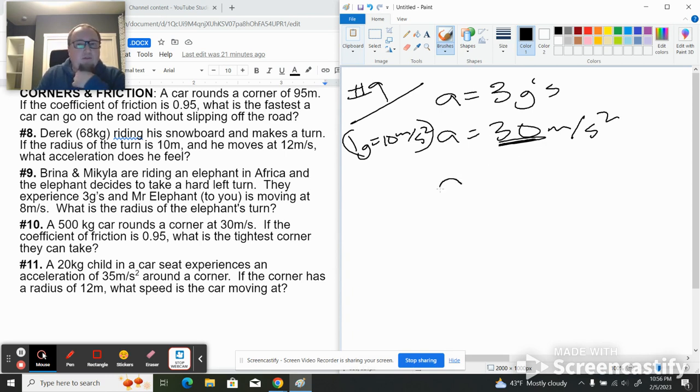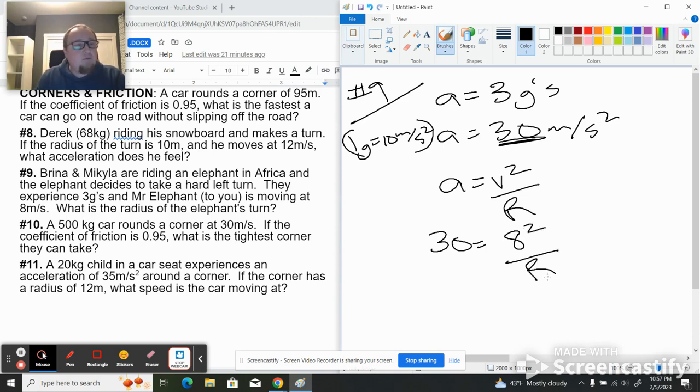Okay, what's the radius? Acceleration is v squared over r. So my acceleration is going to be 30, and I think we know the velocity in this one: 8. So 8 squared over r. I have this one here because this is a very common math mistake. To get r, I have to get r on top. If I multiply both sides by r, I get 30r equals 8 squared.